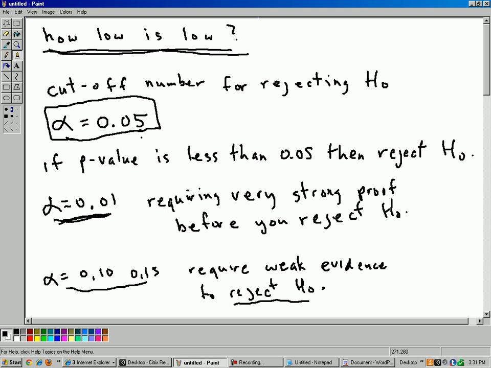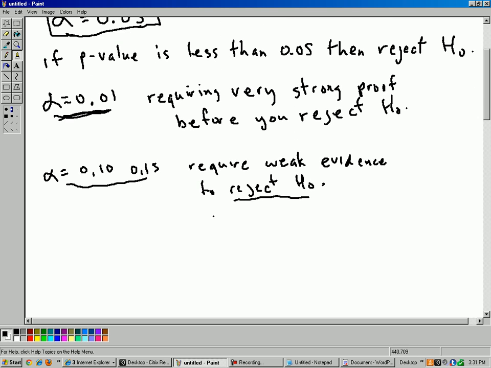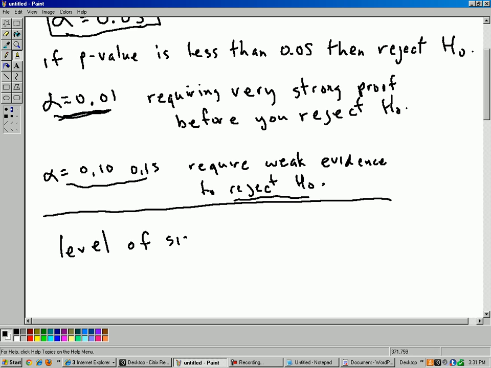Or in some problems, they will just tell you. A key phrase here is level of significance. Sometimes in the homework, they'll say let alpha equal 0.05. Sometimes they'll say level of significance.